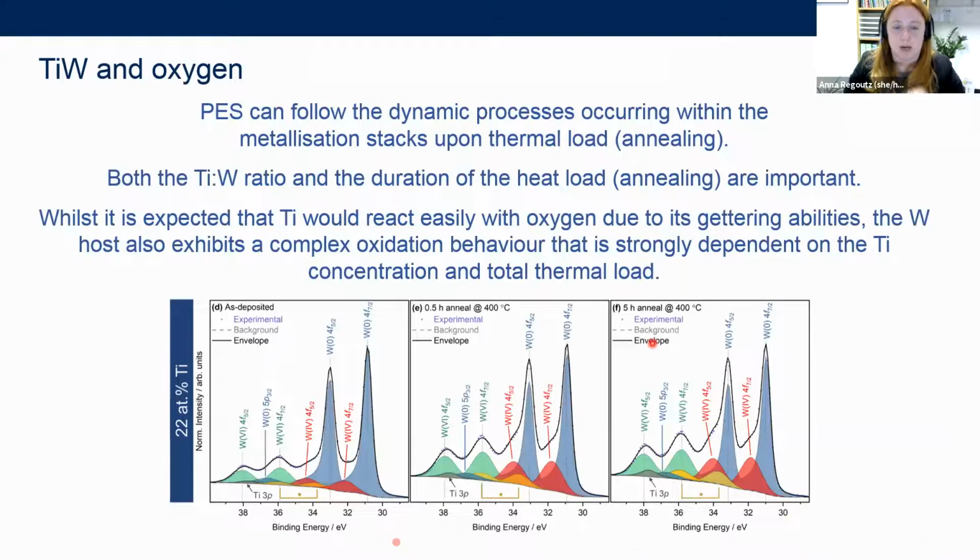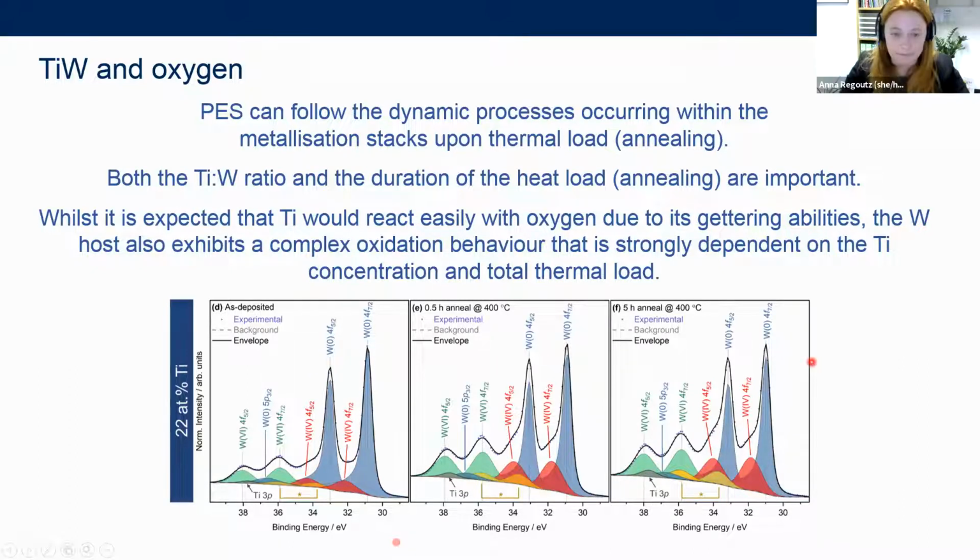Now, this oxygen part is quite important. And what's even better is, instead of just looking at different titanium tungsten ratios, we can also look at this a little bit dynamically. So we can follow the differences in these barriers. And this is just the example of the tungsten states here with thermal loading.